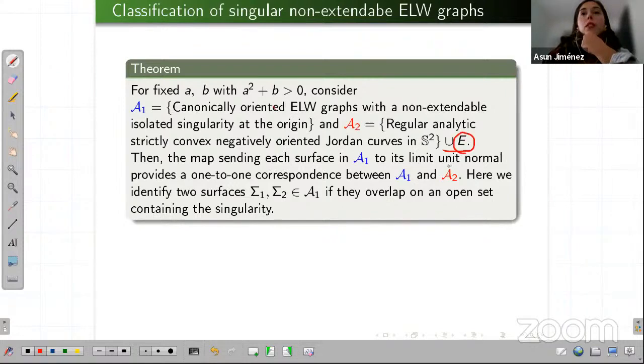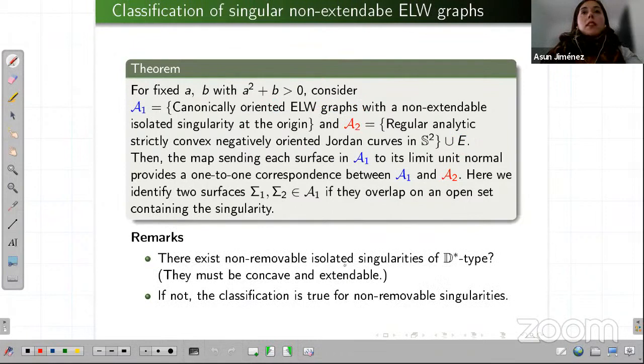This case will correspond to the cusps. Then the map that sends to each surface its limit of the normal gives a one-to-one correspondence between these two classes. Okay, I have to mention that in the case the slope is not bounded, these graphs here are in fact considered as bigraphs. We are assuming that the reflected surface is also embedded.